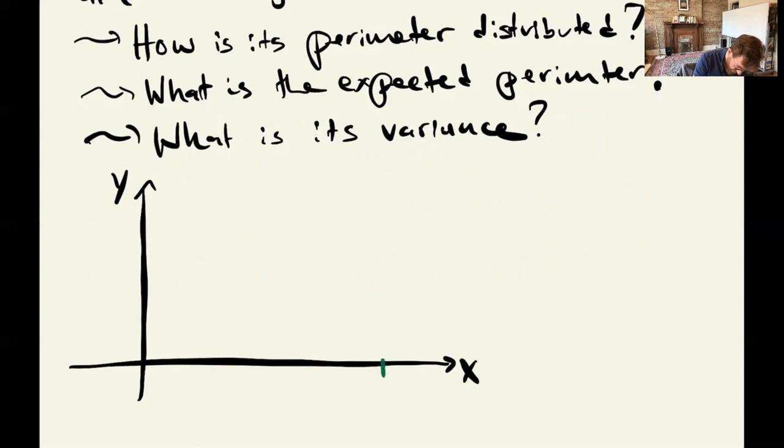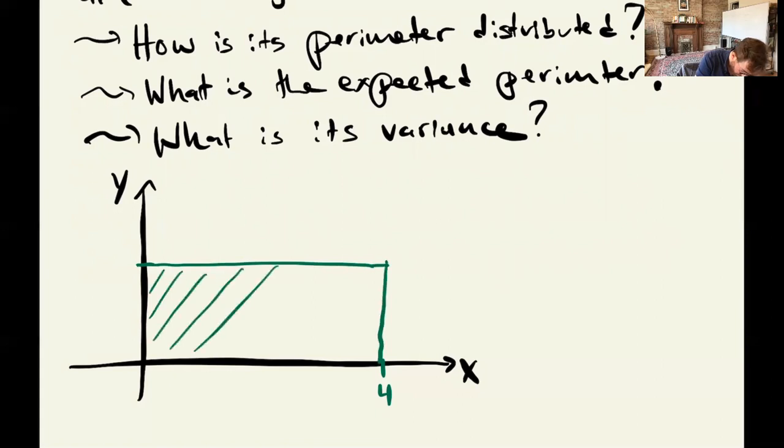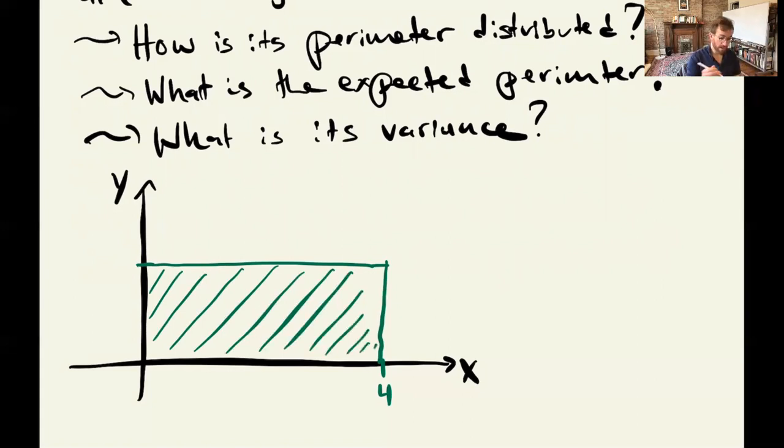So let's say that this is 4, and about halfway up, let's call this 2. And so just to communicate the picture here, these are the range of possible pairs of values, x for the width and y for the height.